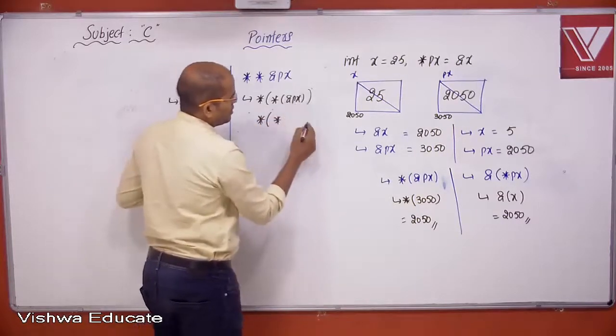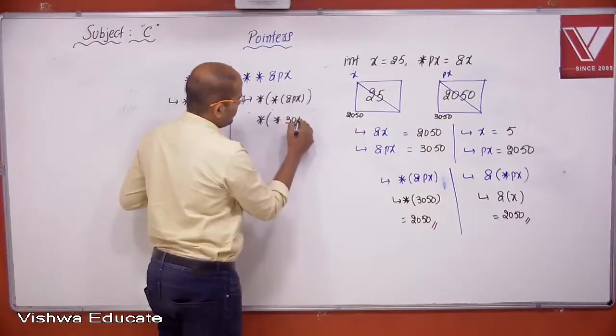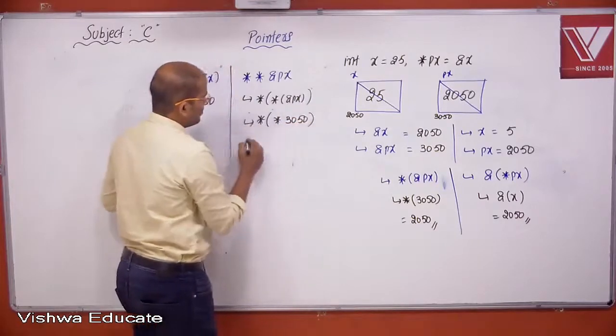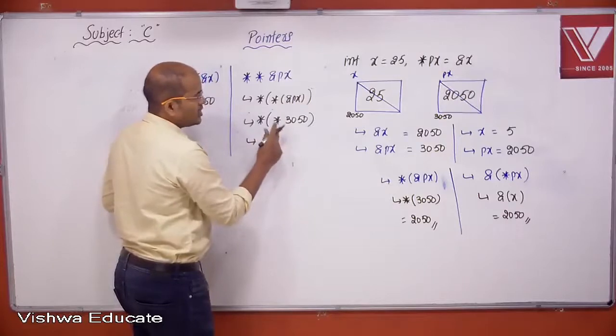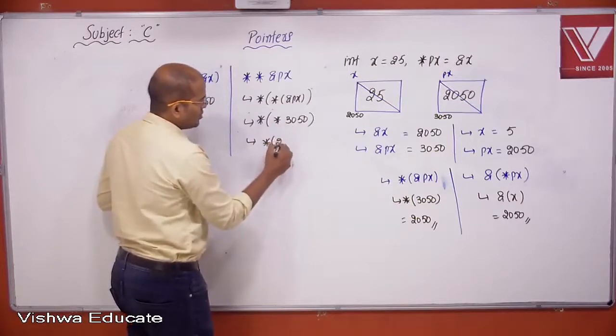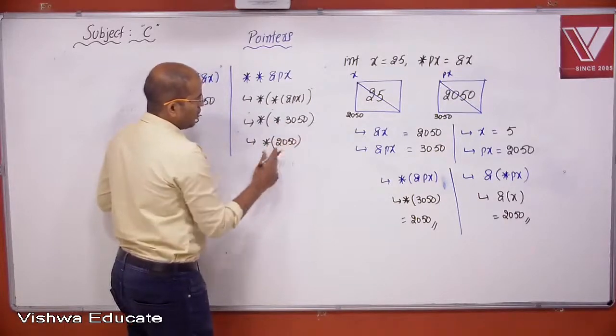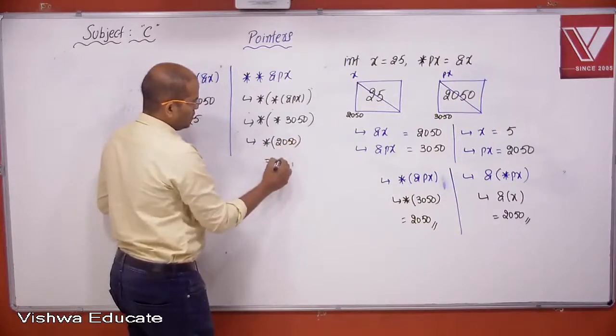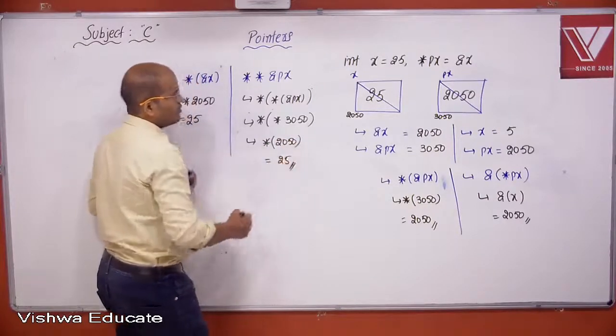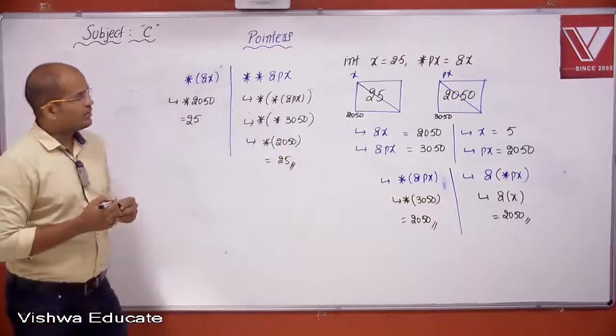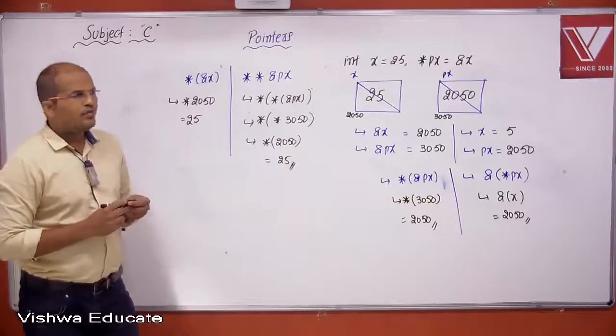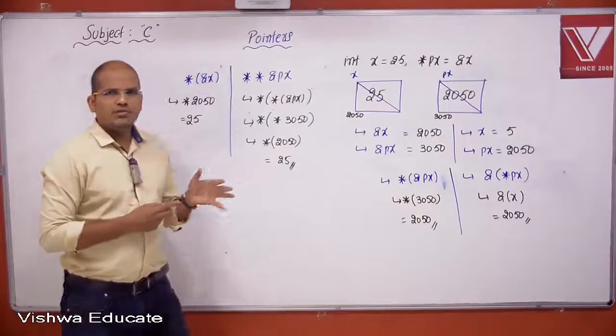Address of px is 3050. So what is value at 3050? It is 2050. And what is value at 2050? That is 25. So different notations are given to test you.